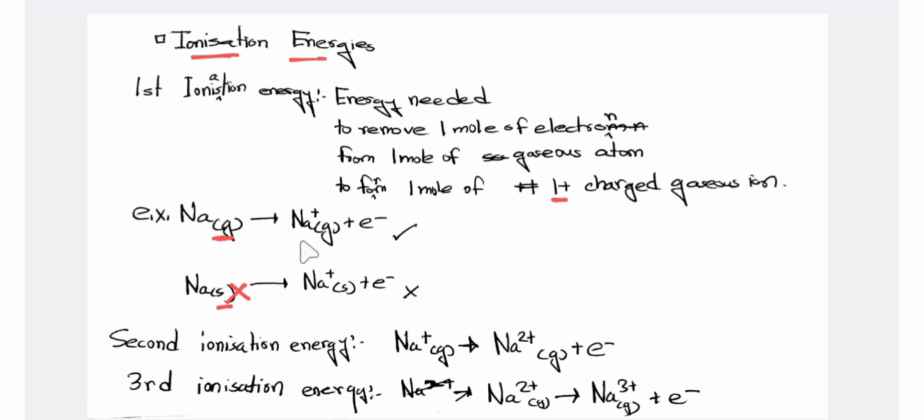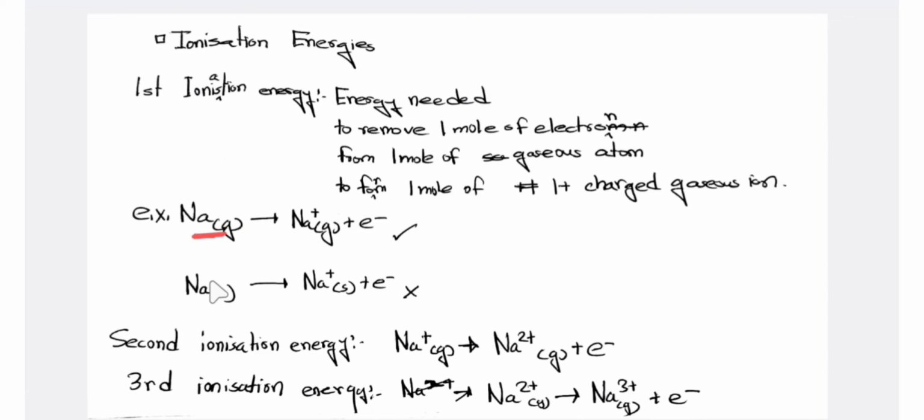So what would be the ionization energy? Ionization energy is the energy needed to remove 1 mole of electrons from 1 mole of gaseous atoms.